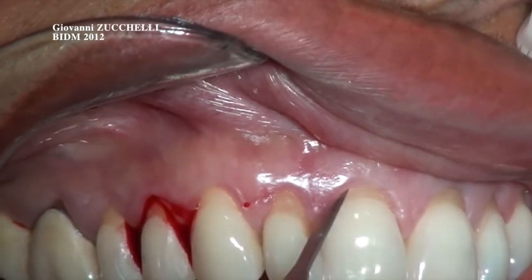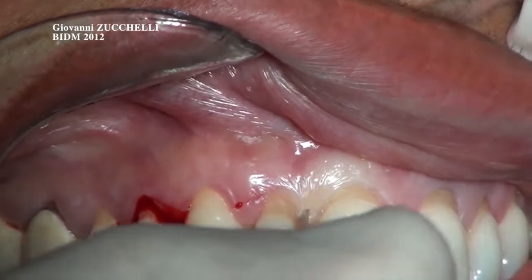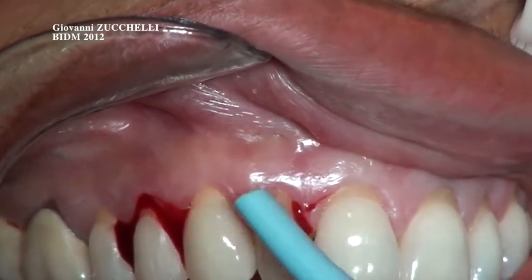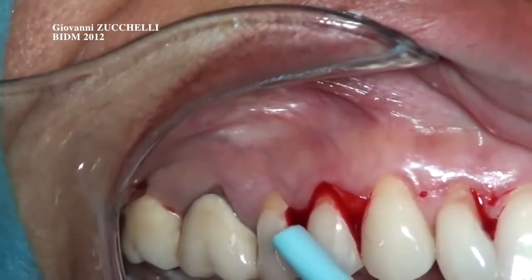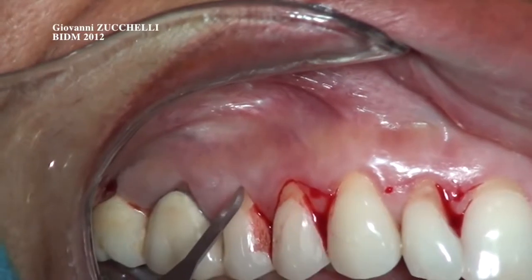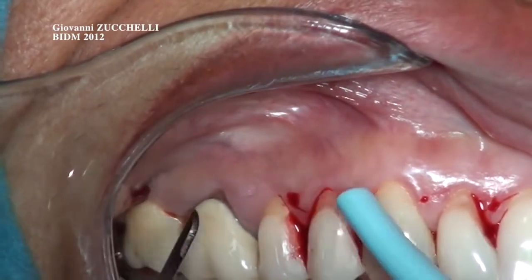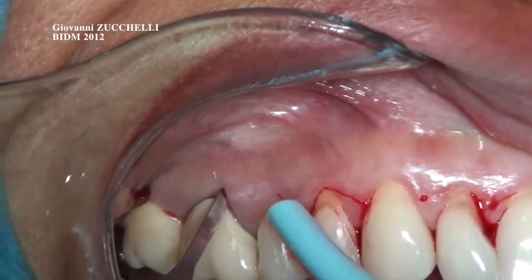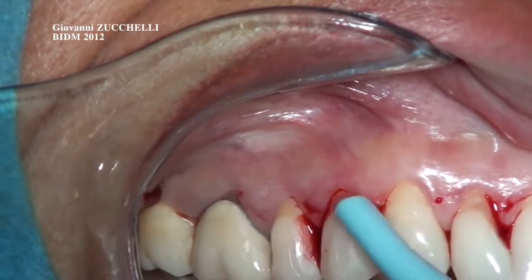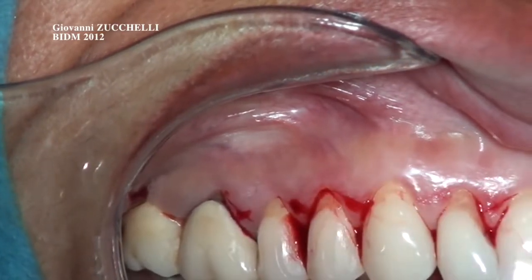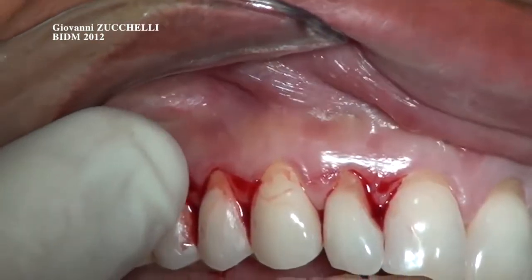Then we are making a third line, just tracing this line from the premolar, and finally the last trace incision is from the molar. This is the flap design, a series of submarginal incisions starting from the adjacent teeth.